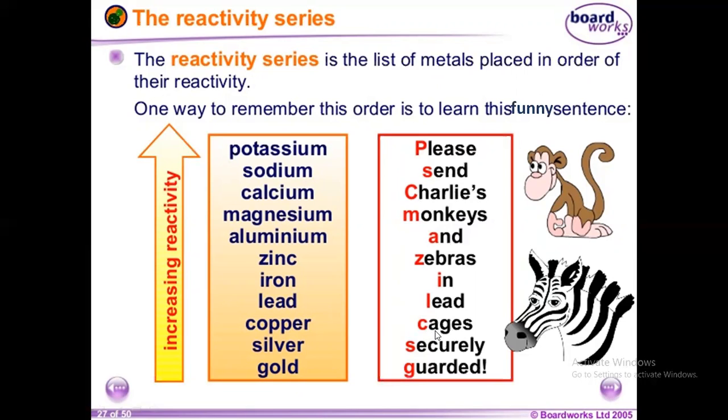C is for copper. S is for silver. And G in guarded is for gold, right? So this funny sentence will help you to remember the list of metals placed in order of their reactivity series. Isn't it an interesting and easy way to remember? Yes.